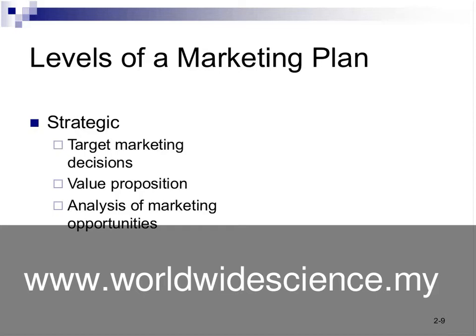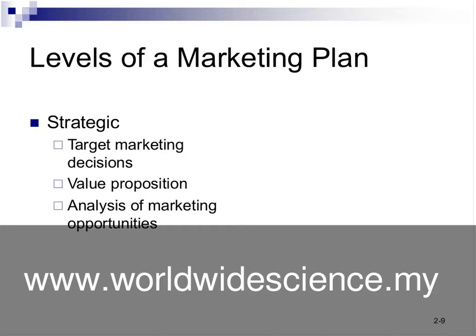And then analysis of marketing opportunities. And then here we are analyzing the marketing opportunities out there. So the marketing opportunities are the opportunities out there that you are going to use in order to do your marketing. So all these three levels are part of your strategic plan for your marketing.